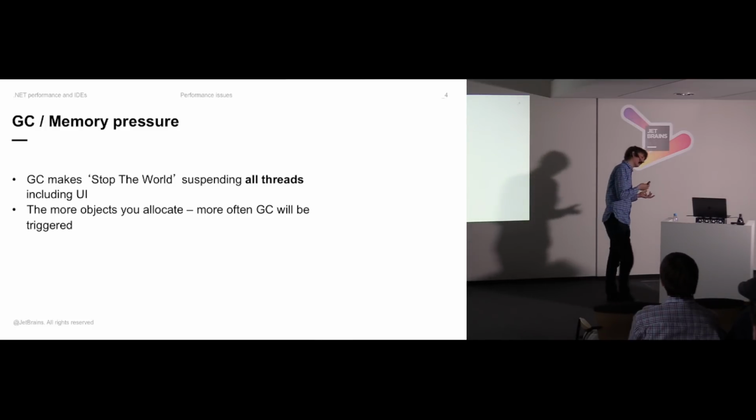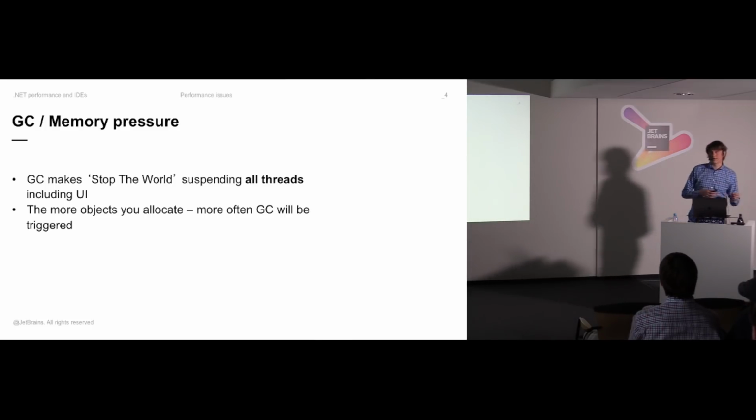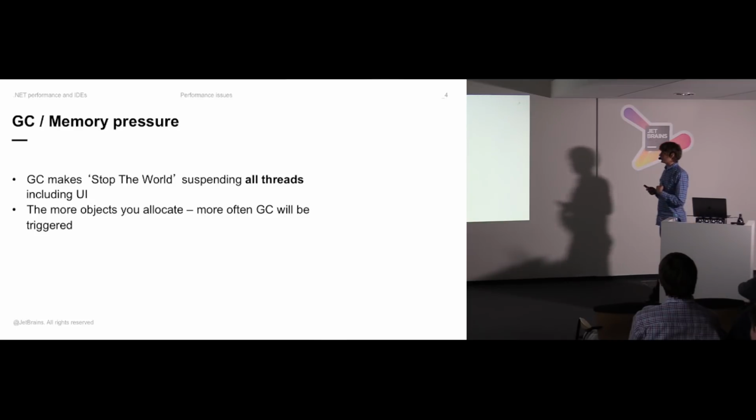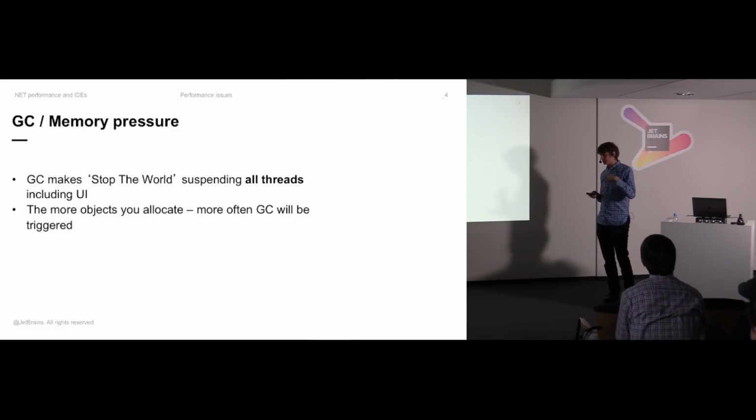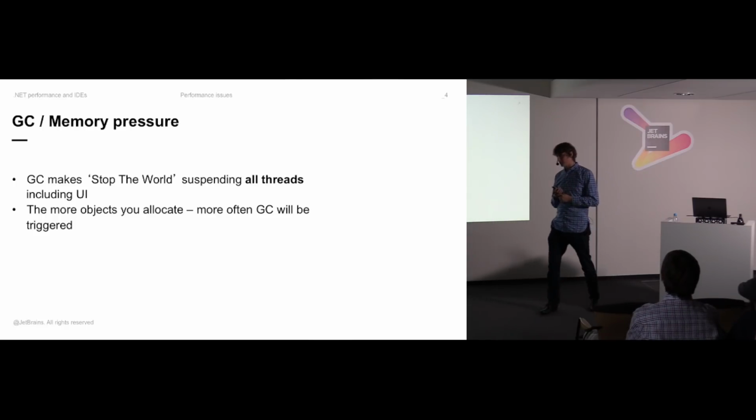Because of this, garbage collection works in 3 stages. GC0 works really frequently and really fast, but it works only on generation 0.